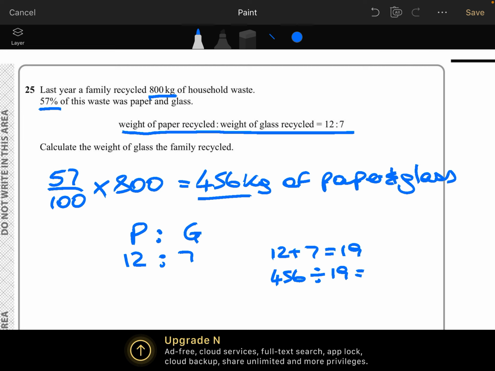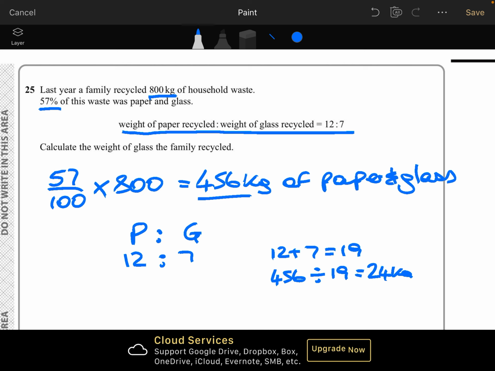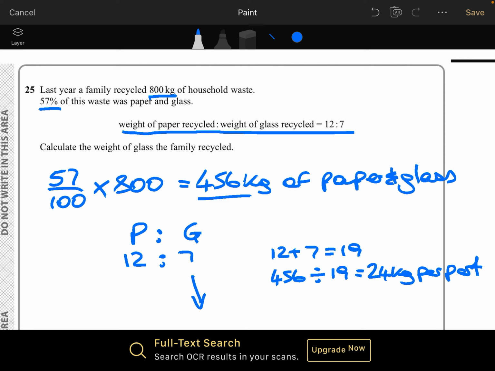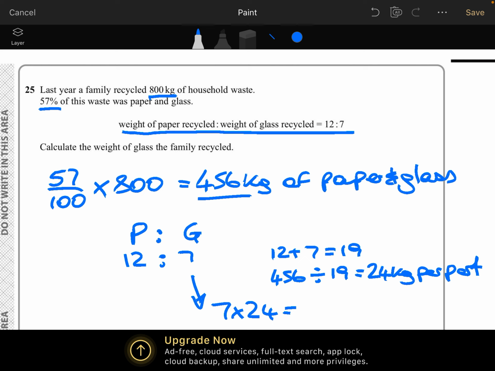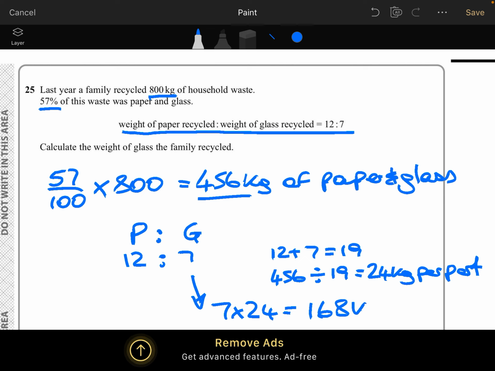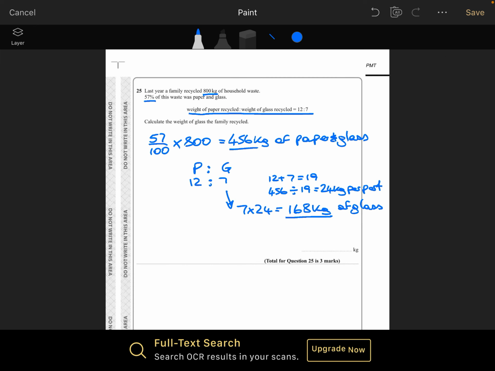That gives me 456 divided by 19 is 24 kilograms per part. And we want to calculate the weight of glass. So that was 7 parts, so I want 7 times 24. 7 times 24 is 168 kilograms of glass. And that has answered the question.